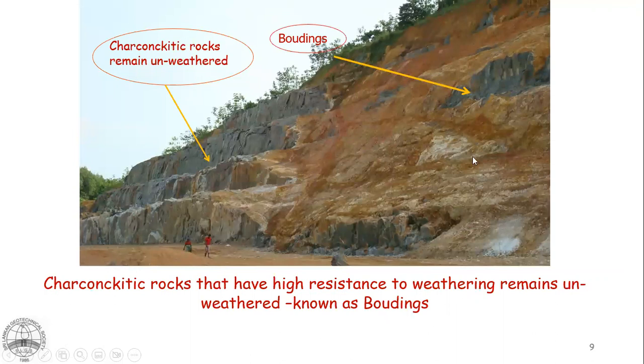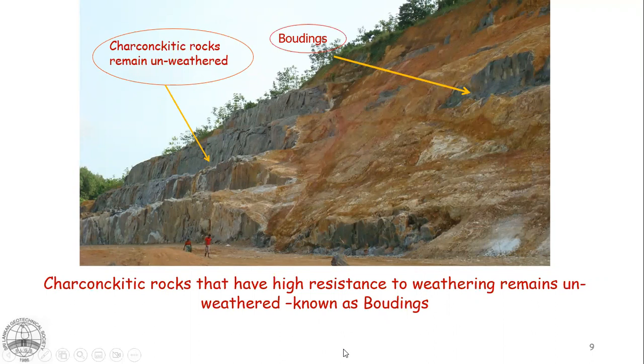Just next to it is gneissic rock, which has now weathered to form a lateritic soil. In between, in the matrix of weathered material, you have charnockitic rock. If the parent rock is charnockitic, it has not weathered and remains as rock, while the surrounding gneissic rocks have weathered into this residual soil.